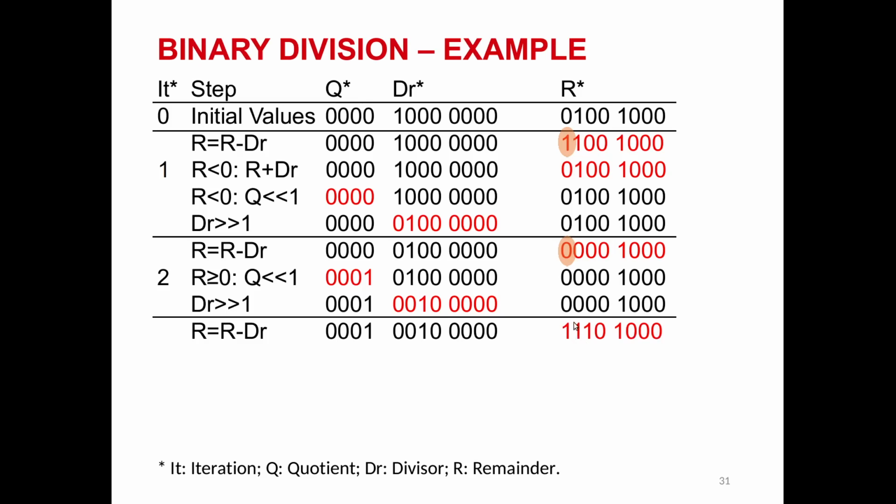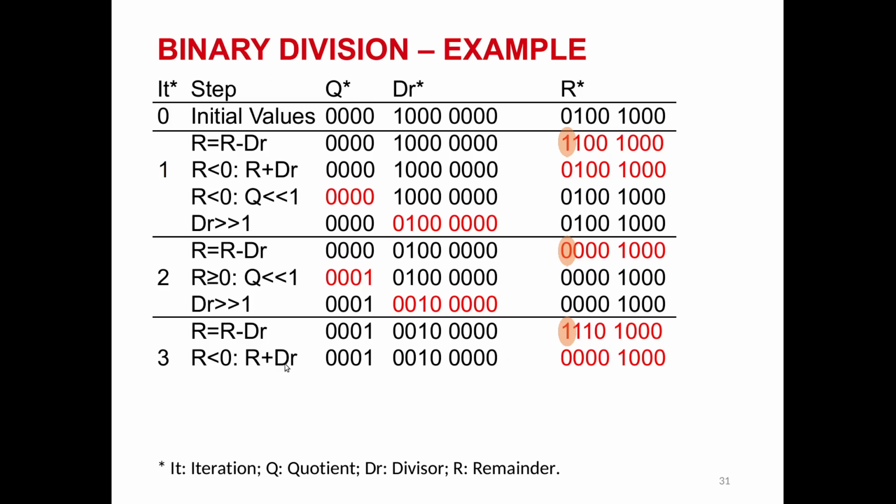and this bit, the most significant bit of this result, implies that our result is smaller than 0. It means we will need to reverse this value back to the previous value of r by adding this r value together with dr, and so we have it revert to the previous value here.